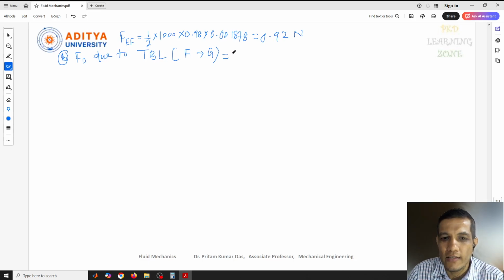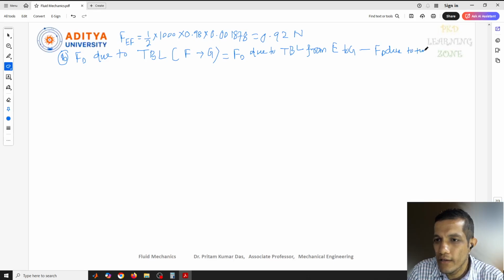One is the drag force due to the turbulent boundary layer from the leading edge from E to G point, and minus the drag force due to the turbulent boundary layer from E to F, that we need to consider.